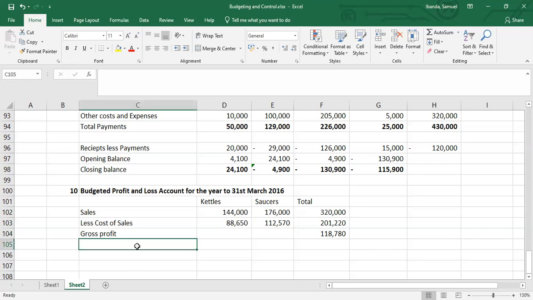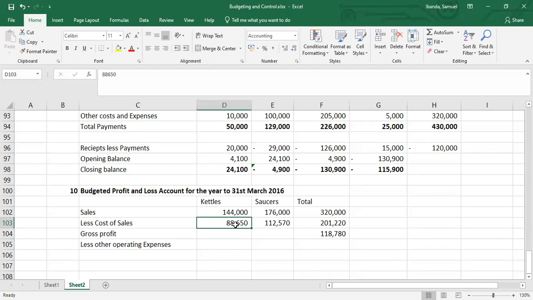And then the next is our less other operating expenses. Now, when you look at our question, they gave us other expenses were the production overheads, and then we also had the selling and administration. Now, the production overheads are already embedded within the cost of sales.